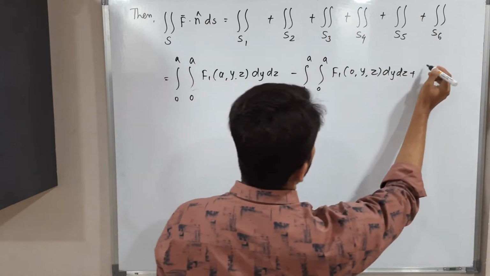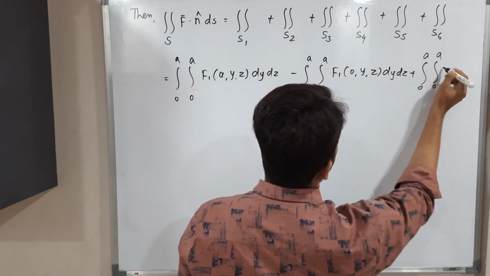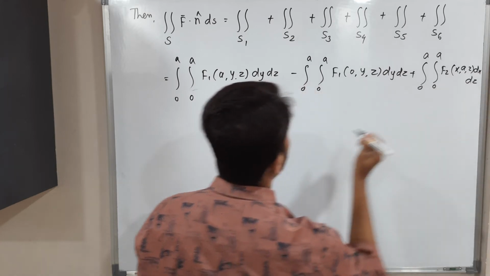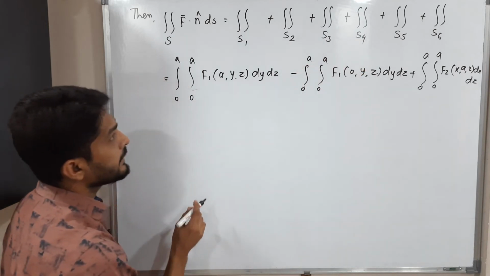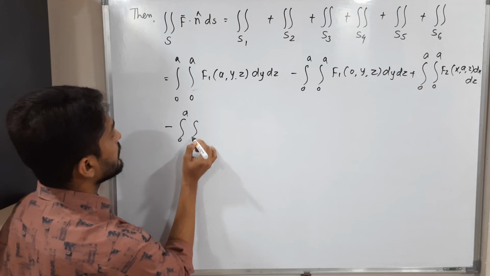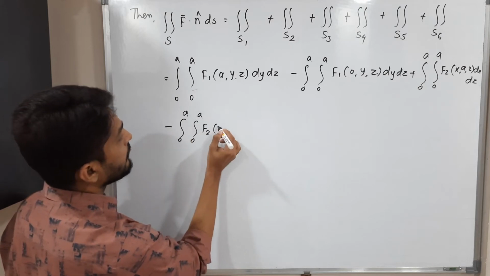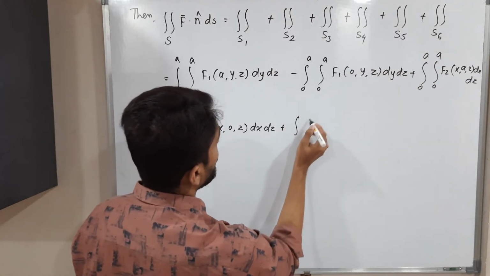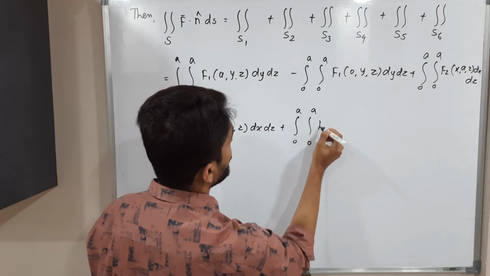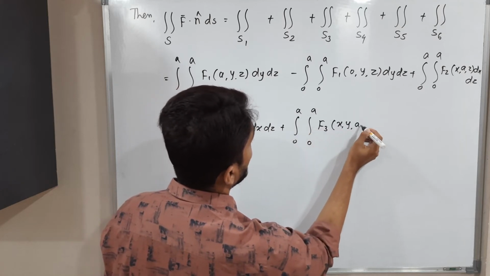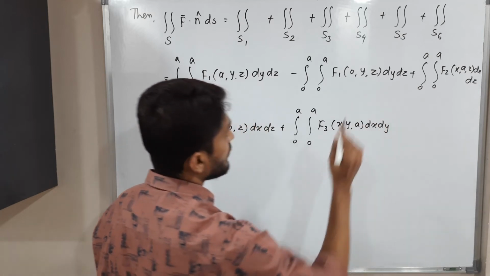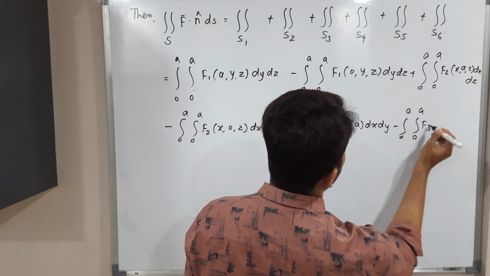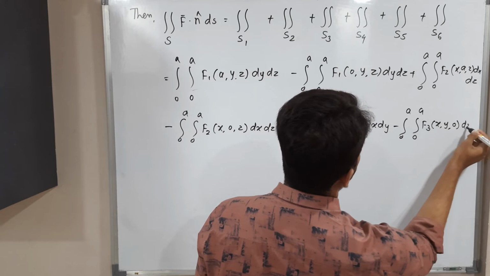The value of the third surface integral is the integral from 0 to a, 0 to a, of f2 of x a z dx dz. The value of the surface integral over S4 has a minus sign, so minus the integral of f2 of x 0 z dx dz. Now let us talk about S5 and S6. For S5, the integral from 0 to a, 0 to a, of f3 of x y a dx dy, and for S6 we have a minus sign, so minus the integral of f3 of x y 0 dx dy.